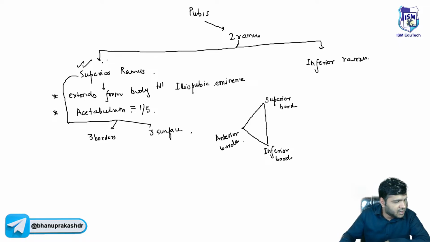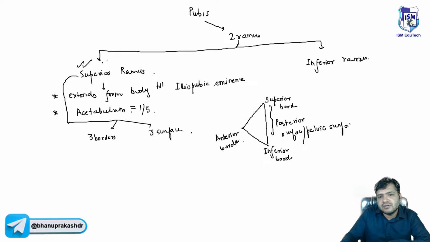Now between the superior border and the inferior border, we have the posterior surface, or I can simply say pelvic surface. Between the anterior and the inferior border, we have the obturator surface, because it forms the obturator margin.